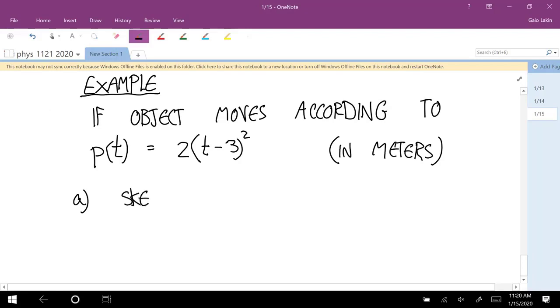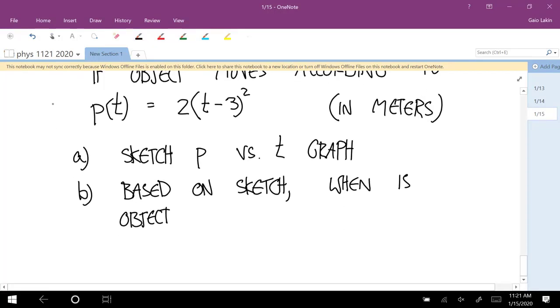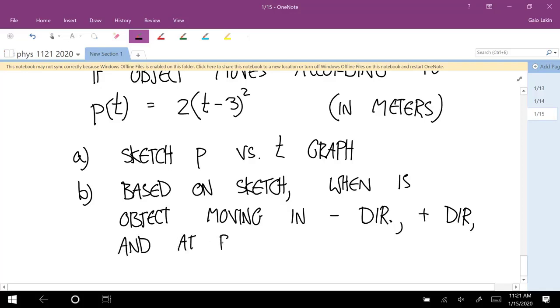Let's first sketch the position versus time graph. Based on that sketch, let's figure out when the object is moving in the negative direction, the positive direction, and when it's stopped, at rest.